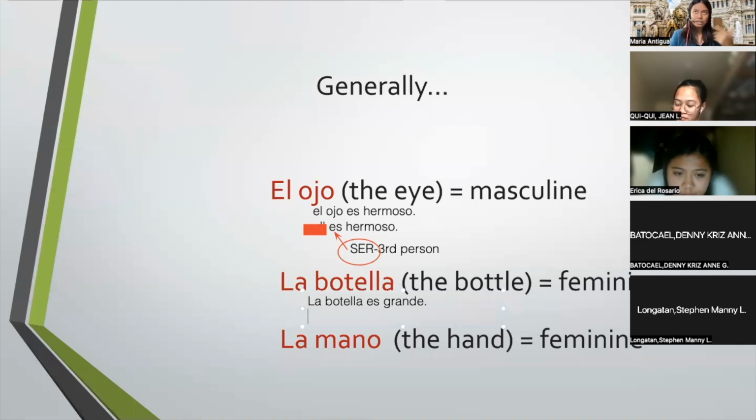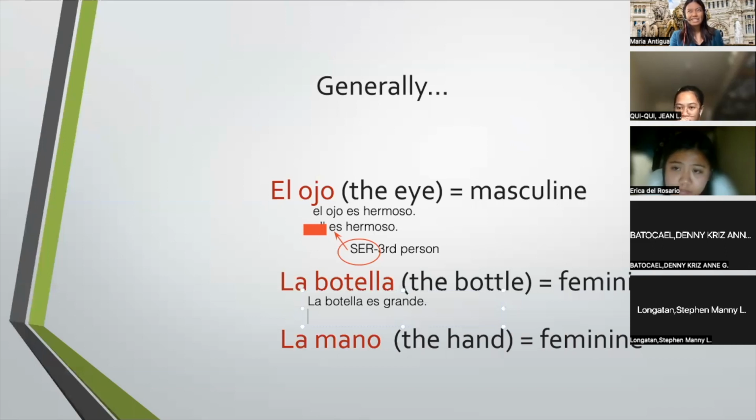La, but I want to say it is big. Ano na ang feminine pronoun ng it? La es grande. We're not using the definite article, because the definite article la means the.